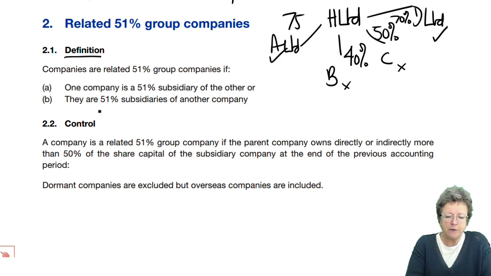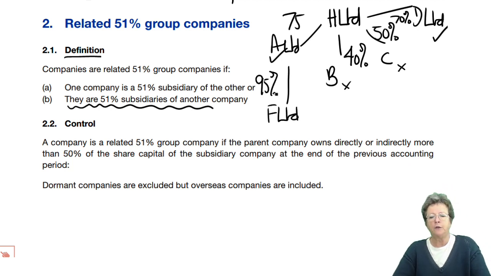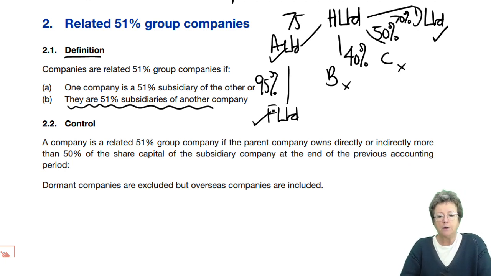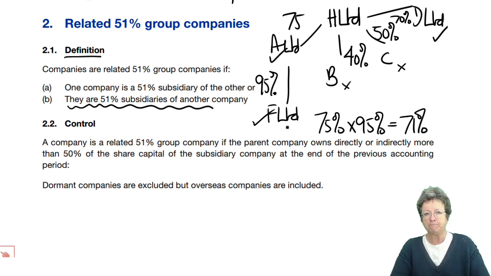Now, it also says where they are subsidiary of another company. So if we put here F Limited, and say A had got a 95% holding in F Limited, then that would be in too, because 75% of 95% is 71%, and therefore that is more than 51%.